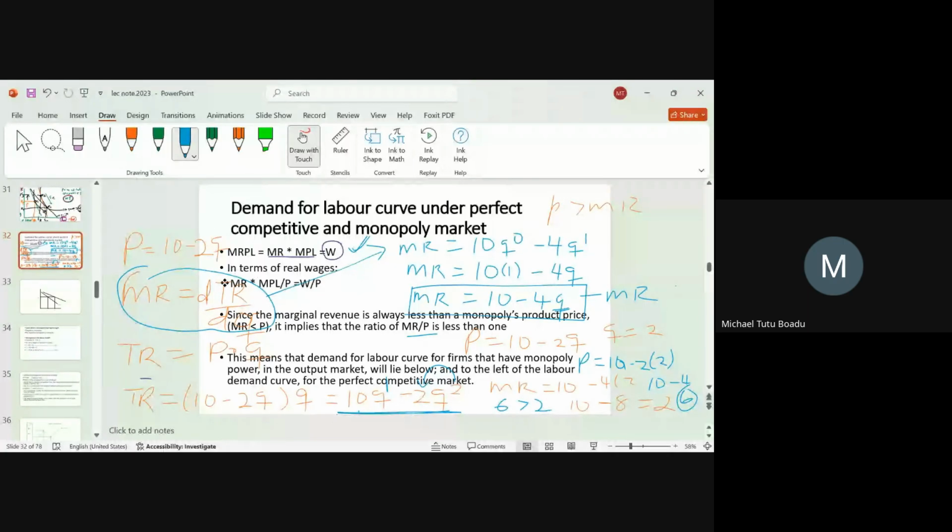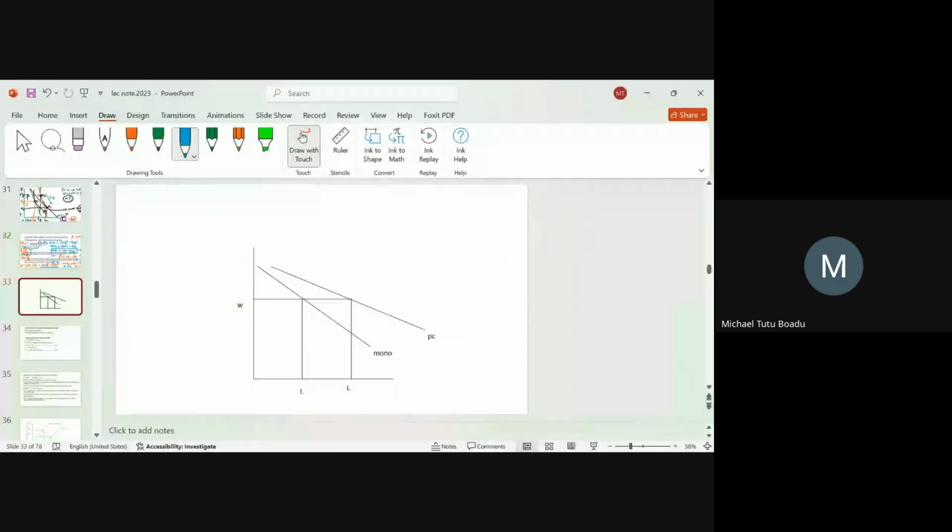We mean that the demand for labor of a perfect competitive firm will be greater than the demand of the monopoly firm.